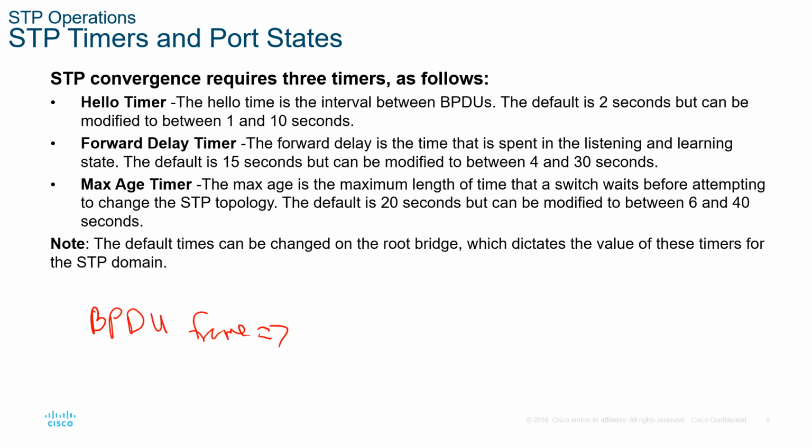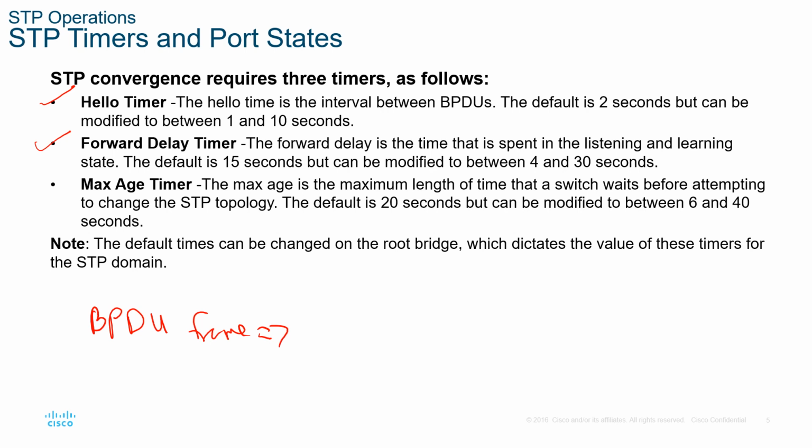It requires 3 timers. The first timer is the hello timer. The hello time is the interval between BPDU frames. The default is 2 seconds, but you can always modify it. Then we have the forward delay timer. What is the forward delay timer? It is the time spent in the listening and learning states.